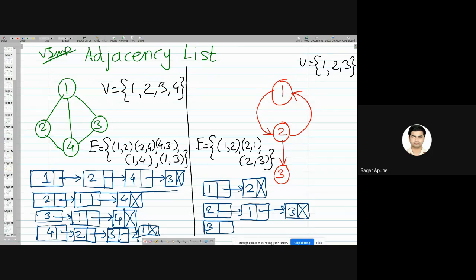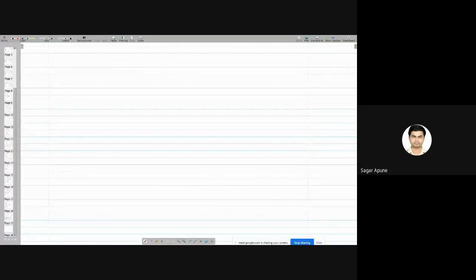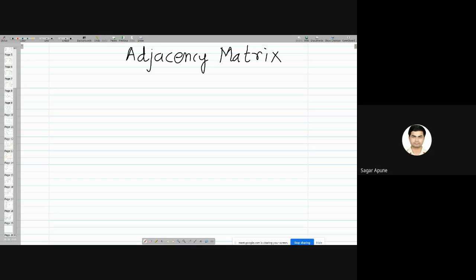Okay, next is adjacency matrix. Last point of this unit and syllabus. Adjacency matrix. Suppose my graph is like this: 1, 2, 3, 4, 5.